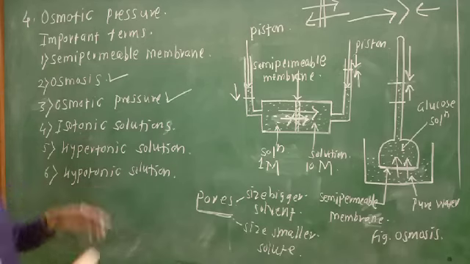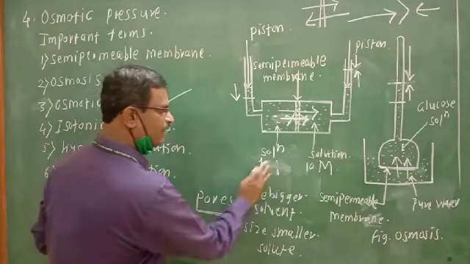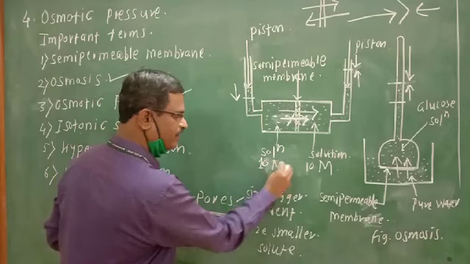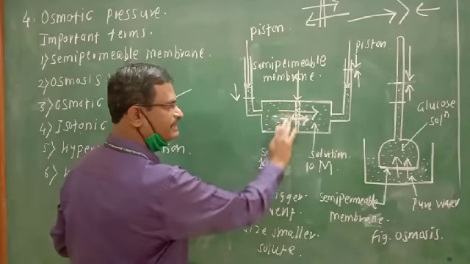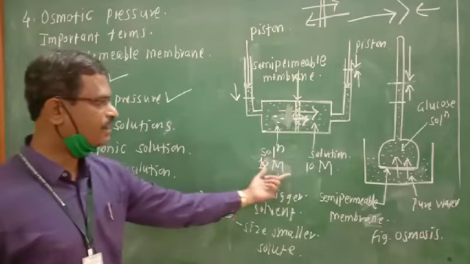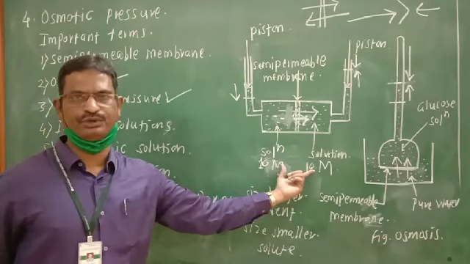Whenever two solutions having the same concentration are separated from each other by a semi-permeable membrane, they are known as isotonic solutions with respect to each other.